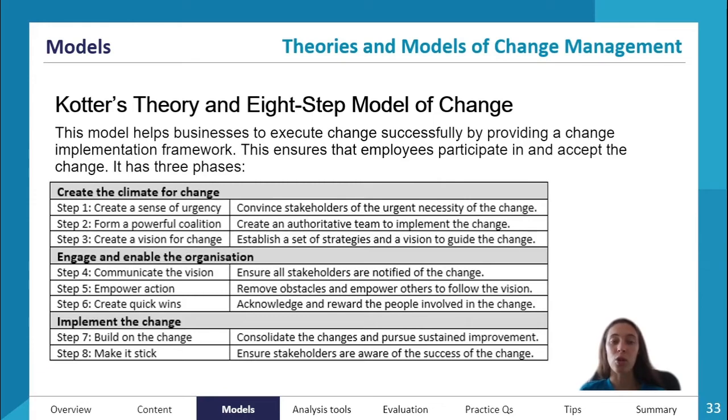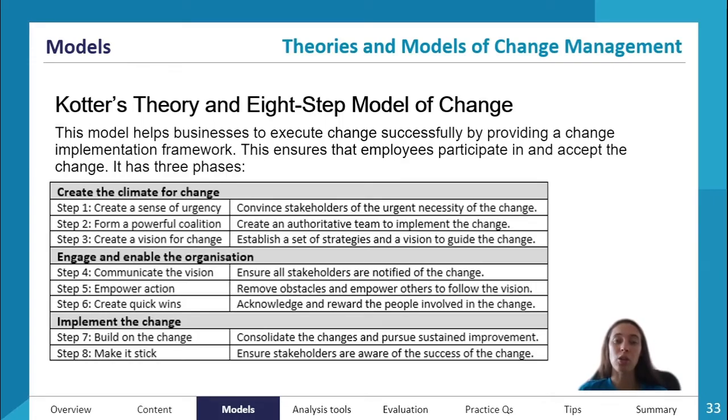After you've created the vision, you want to communicate. So this is about engaging the organization and the people within it. You need to ensure that all stakeholders are notified of the change. They would have already been aware of it because of that sense of urgency you would have created at the start.